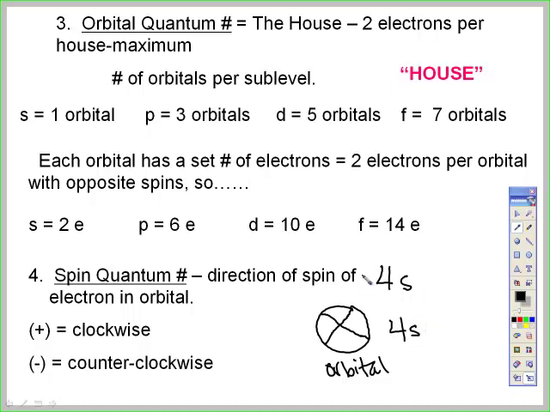But if they're in the same house, they have to be spinning opposite directions, so this part would be different. So we'll say orbital 1, spin clockwise, spin counterclockwise. So all these 3 quantum numbers match, but this last one is different. The electrons are so close that they're in the same house, they have to be spinning opposite directions.